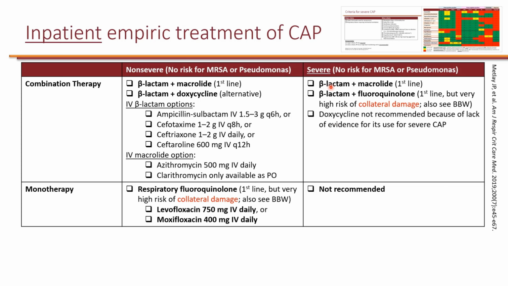So we use a combination of beta-lactam plus macrolide or beta-lactam plus a fluoroquinolone, and both of them are considered first line. Of course the preference will be beta-lactam plus macrolide because of the collateral damage of fluoroquinolone. Doxycycline is not listed for severe, again because of the lack of evidence with doxycycline, and we don't really want to take a chance with severe because of the increased risk of mortality.